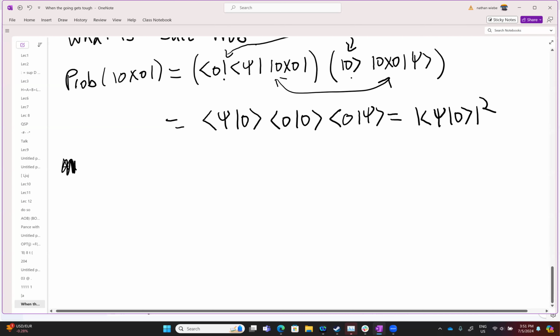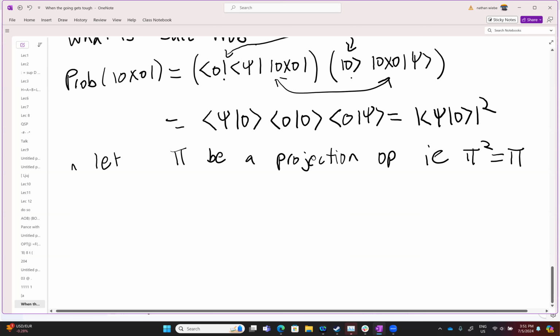Let pi be a projection operator, meaning that pi squared equals pi, for some operator pi, which is a linear operator acting on a 2 to the n dimensional Hilbert space. Okay, cool. So pi is a projection.